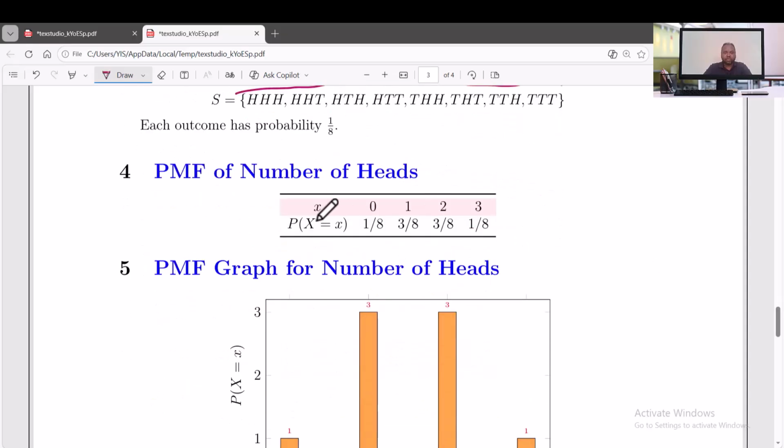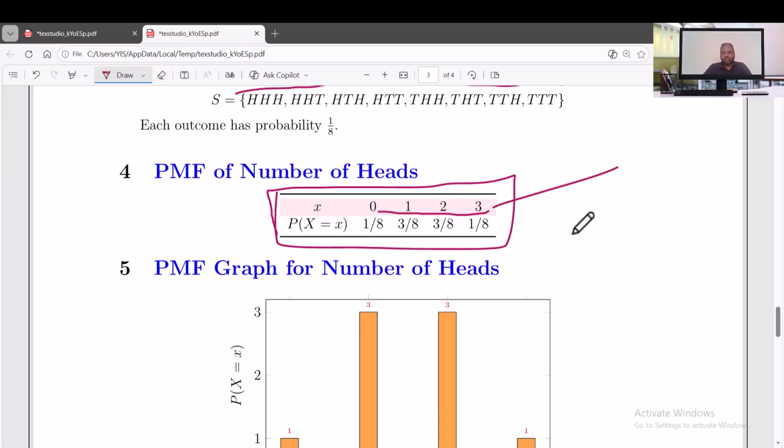The probability distribution is given by this one, where the possible values are 0, 1, 2, 3. This x is a discrete random variable because the possible values are expressed in whole numbers, countable, with their respective likelihoods expressed in this row.